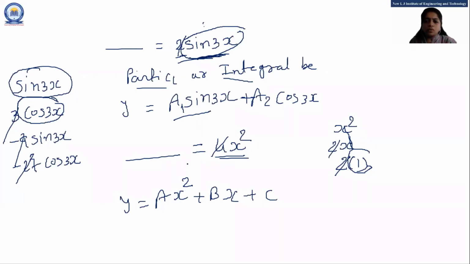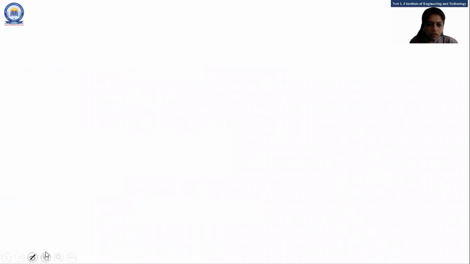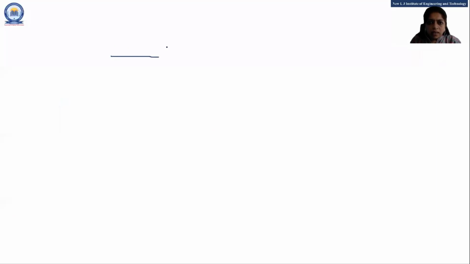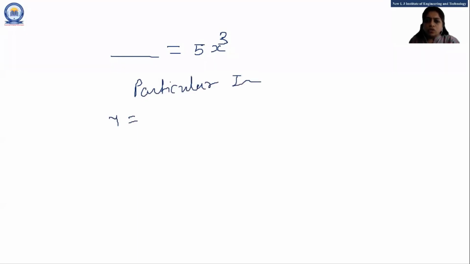Okay. Suppose your right hand side is 5x cube. Here for the particular integral, first we have to generate its family.